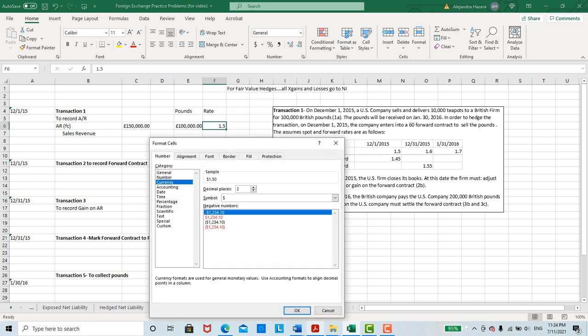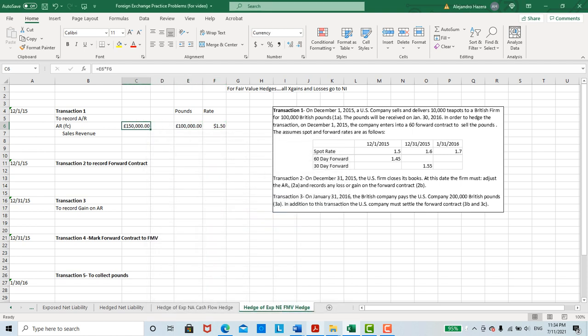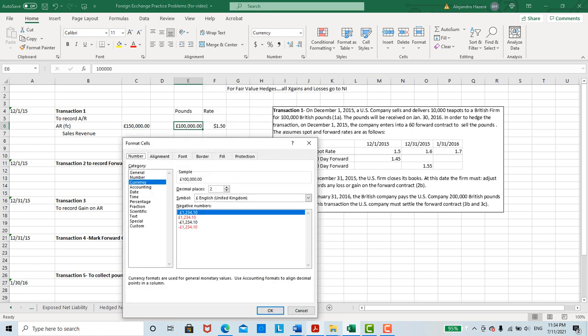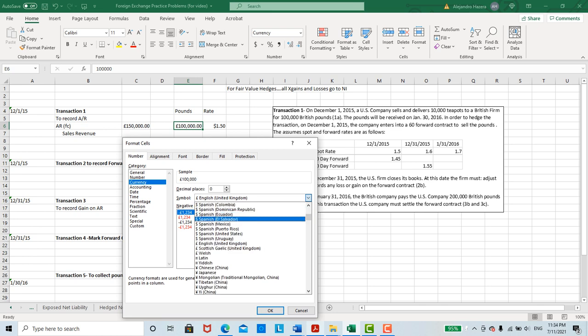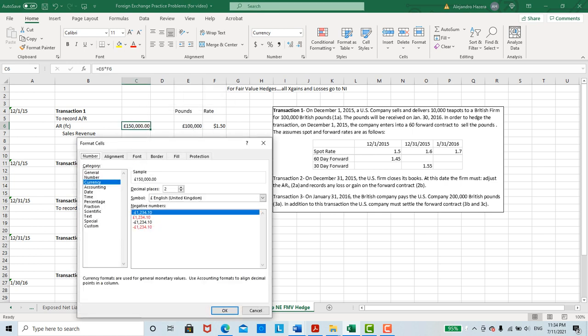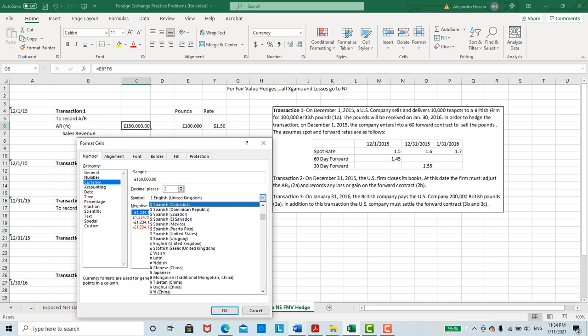So do this. Okay, and it should be dollars. Change this to dollars here.